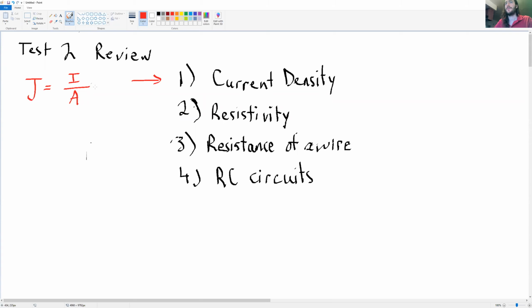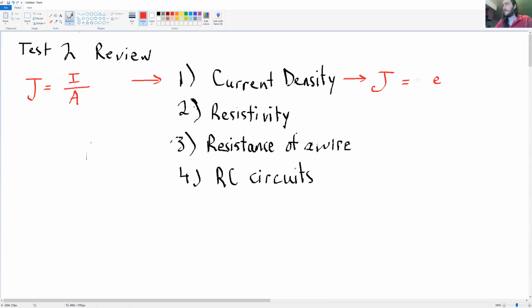In addition to I over A, we can always write that the current density, J, is due to some number of charge carriers, okay? And charge carriers are usually electrons, but by convention, we look at the flow of positive charge when we use our equations.